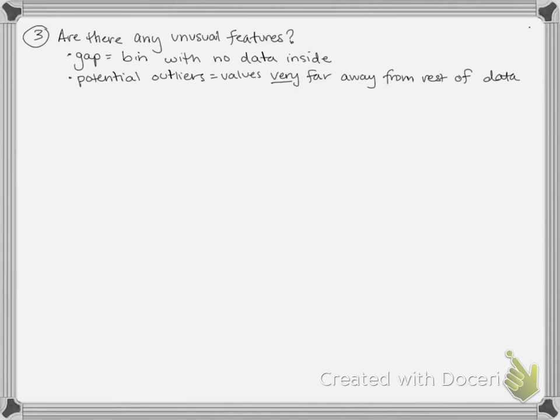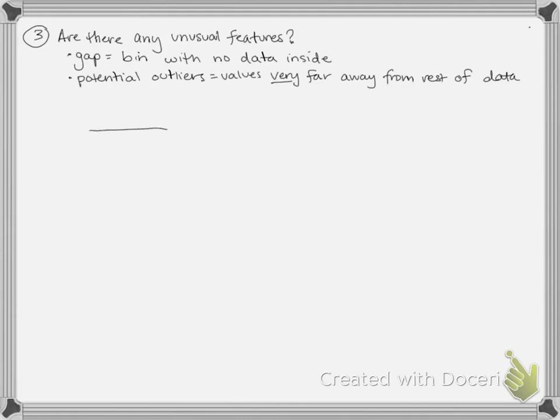We only refer to them as potential outliers because in chapter 4, I believe, we learn a way to mathematically define them as outliers. So we don't want to call them actual outliers until we do the math. But right now we can refer to them as potential outliers if we see a value that seems way far away from the rest of the picture.